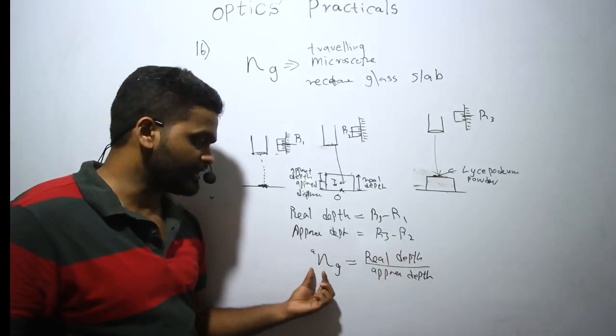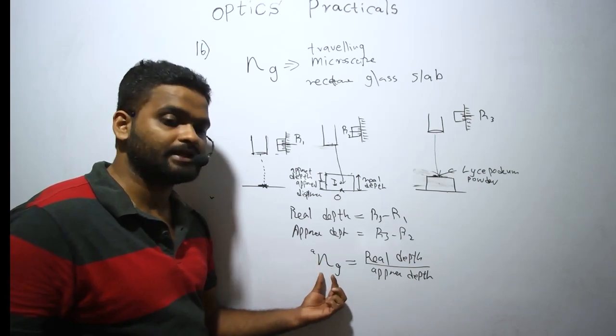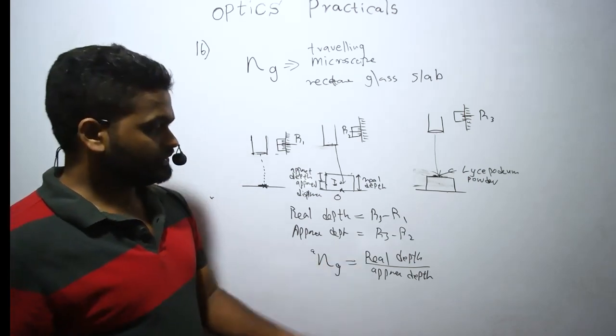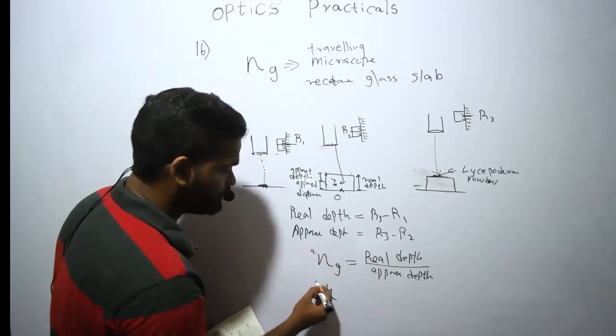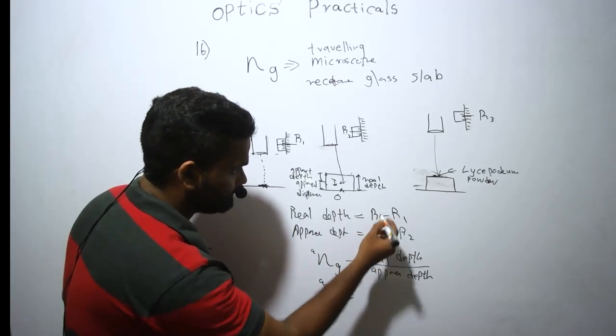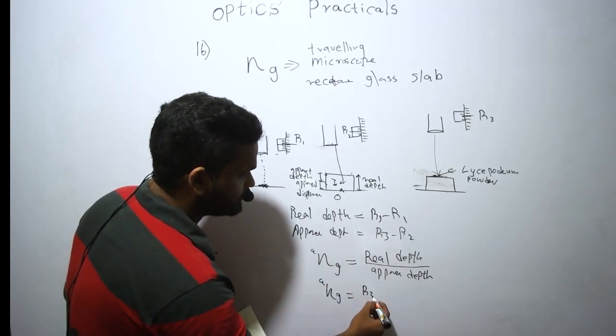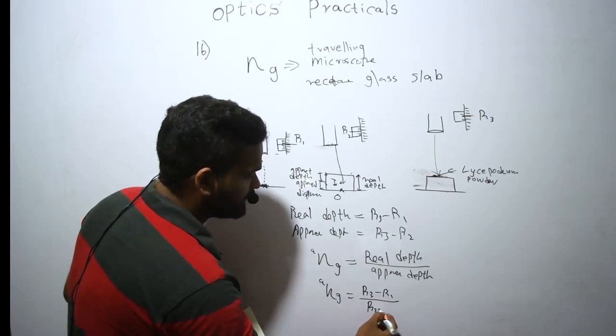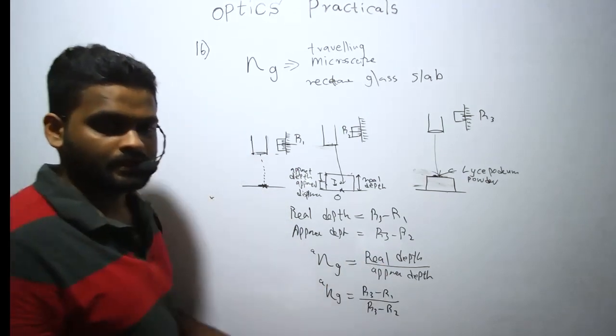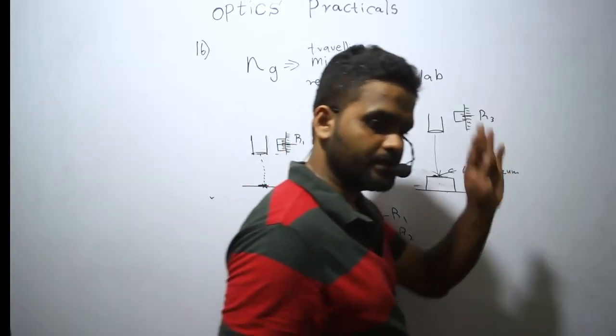So this becomes the refractive index of glass. Since you know these values, you can simply substitute them. So real depth is R3 minus R1. Apparent depth is R3 minus R2. Okay, take it down, and once you take it down, thumbs up.